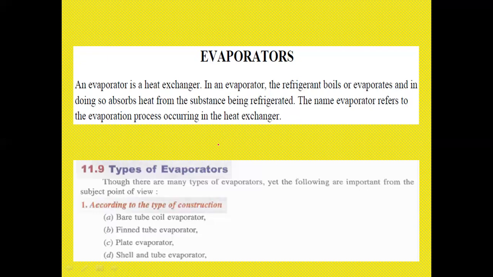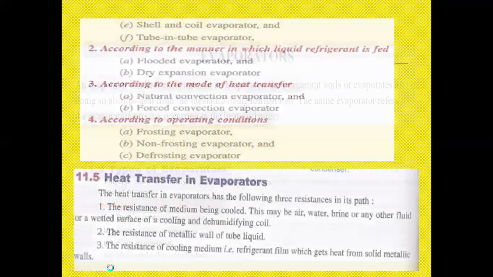Third is the plate evaporator. Fourth is the shell and tube evaporator. Fifth is the shell and coil evaporator. Sixth is the tube in tube evaporator.